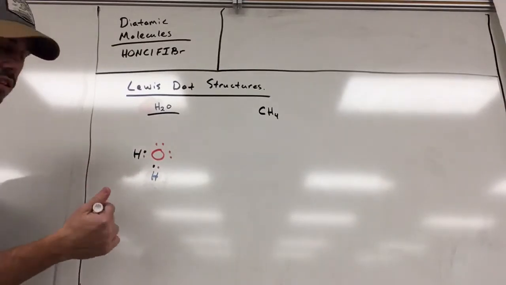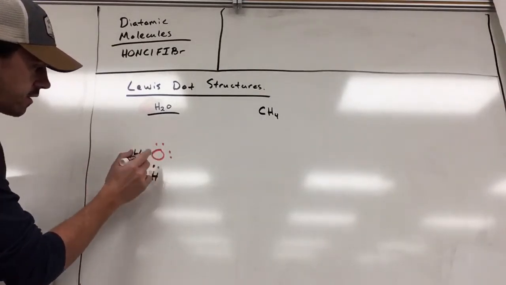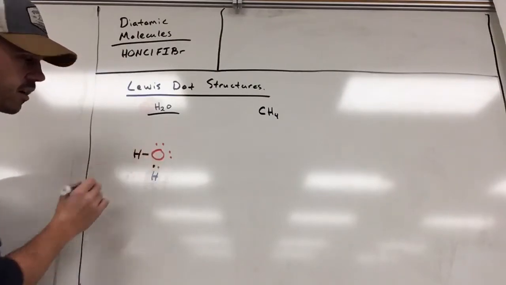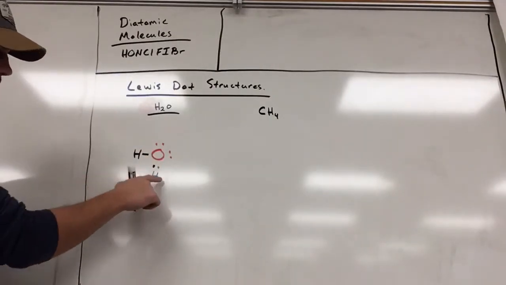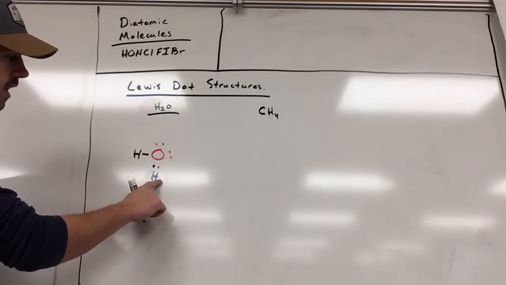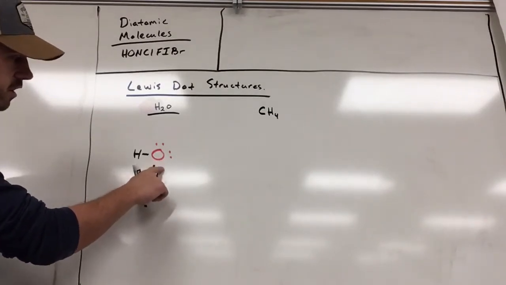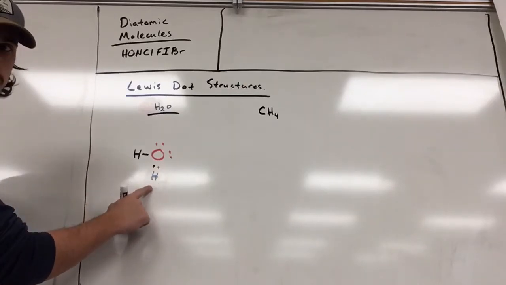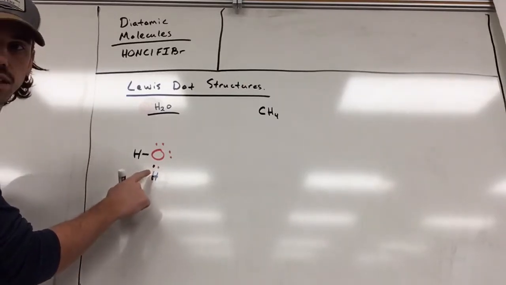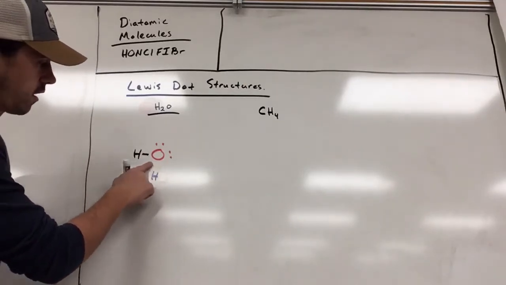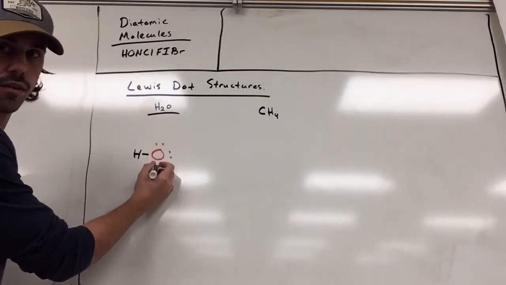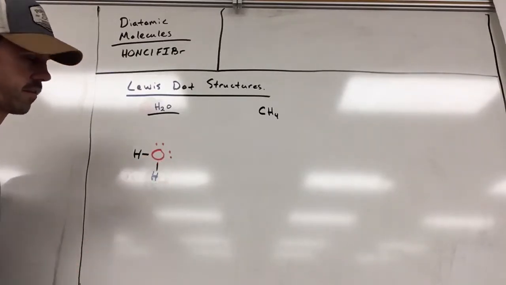And so I can use a line to represent that covalent bond. Same thing with this hydrogen. This hydrogen is sharing its electron with oxygen, and oxygen is sharing this electron with our hydrogen here. So they're forming a single covalent bond here, and I can use a line to represent that covalent bond.